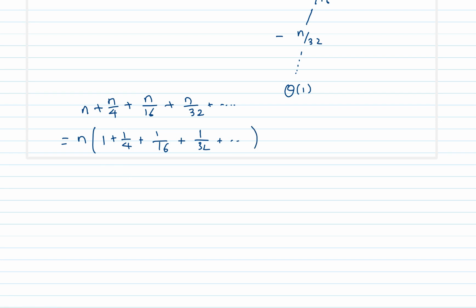If you look at this series, it is a geometric progression series. The final answer of this geometric progression will be some constant value, because it is a geometric progression.